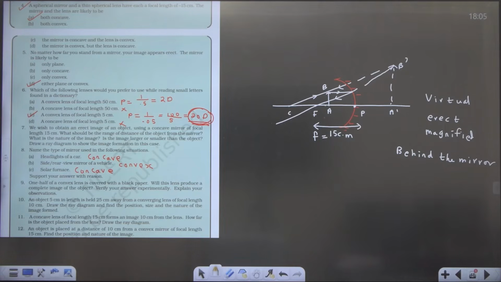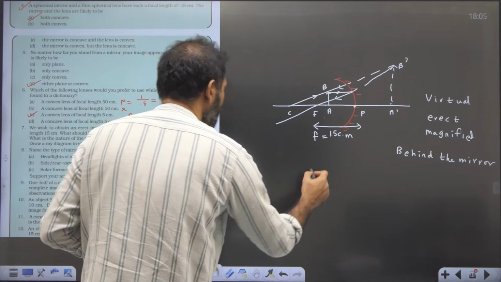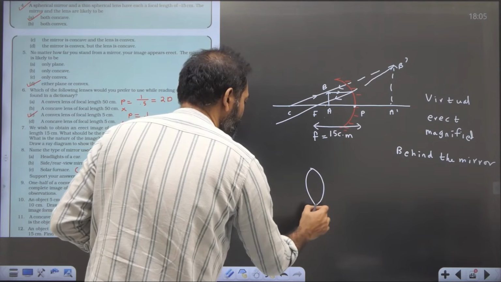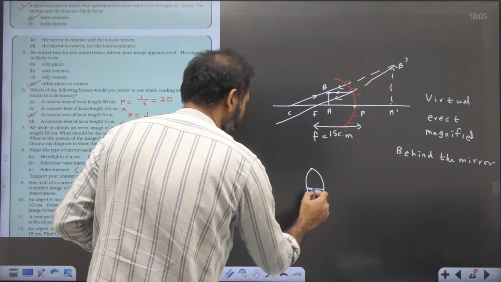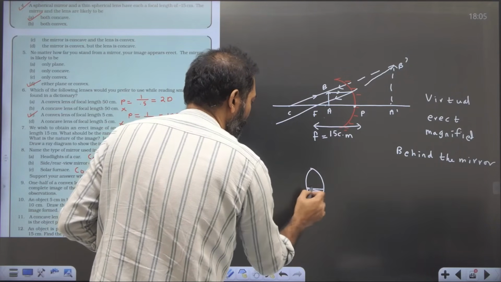Next, one half of a convex lens is covered with a black paper. Will this lens produce a complete image of the object? Verify your action experimentally. Explain your observation. See what happens here. This is a convex lens.